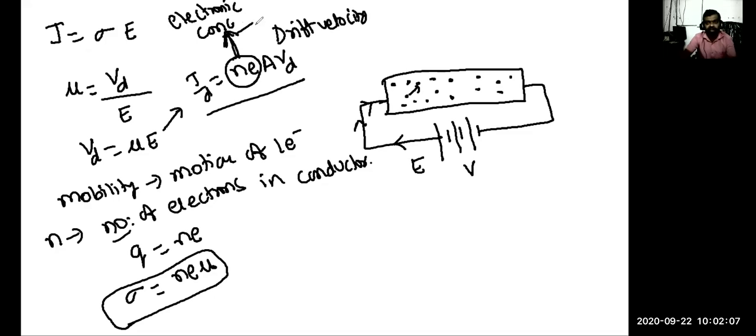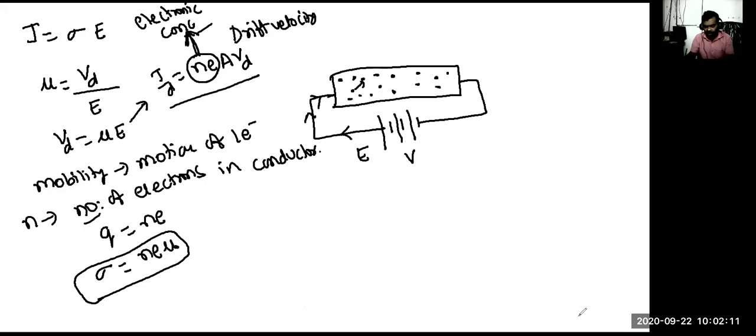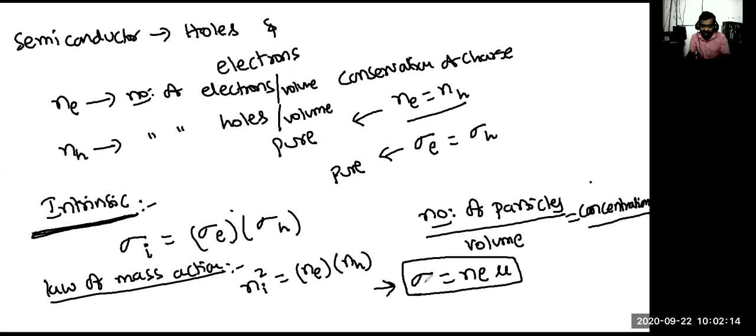So here we have conductivity sigma equal to Ne mu.